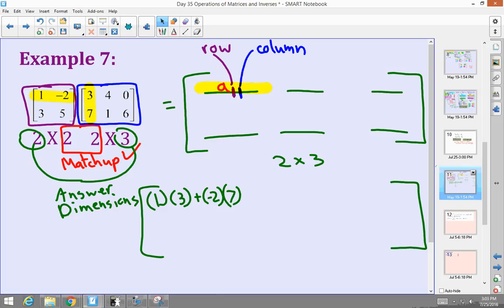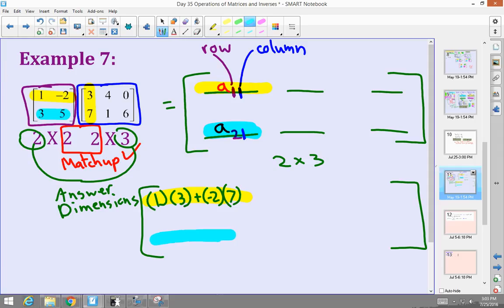Then, if I'm looking at one like this, A row 2, column 1, A21, I would be sliding. So if I keep this here, if I was trying to do this guy, row 2, column 1.